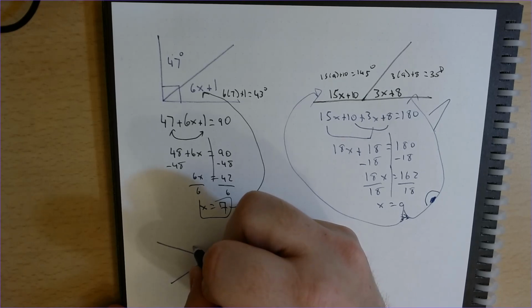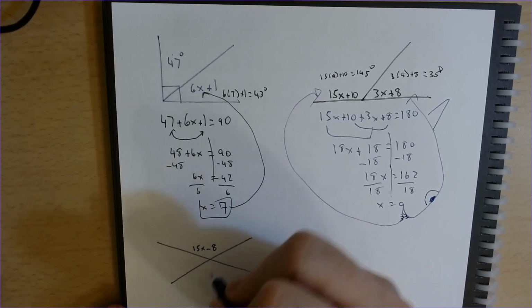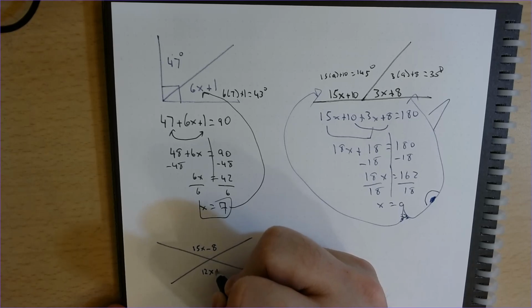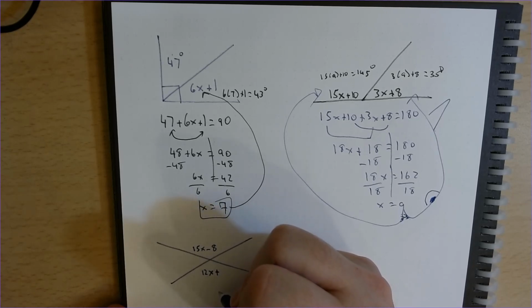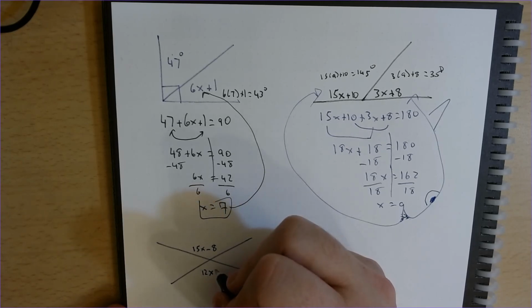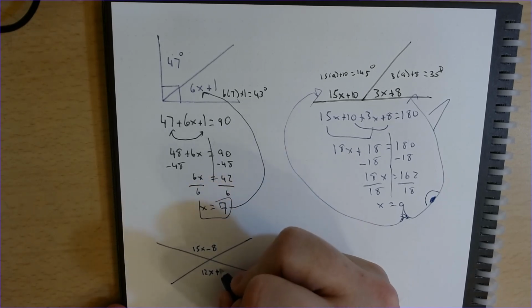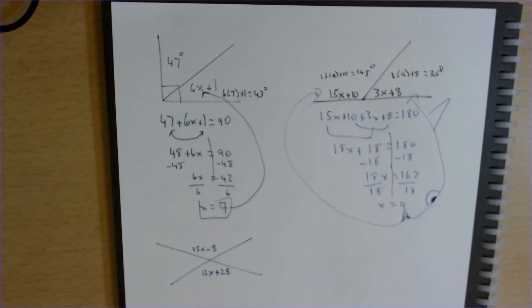Let's say this is 15x minus 8, and this is 12x plus 28. So this is a little bit different.